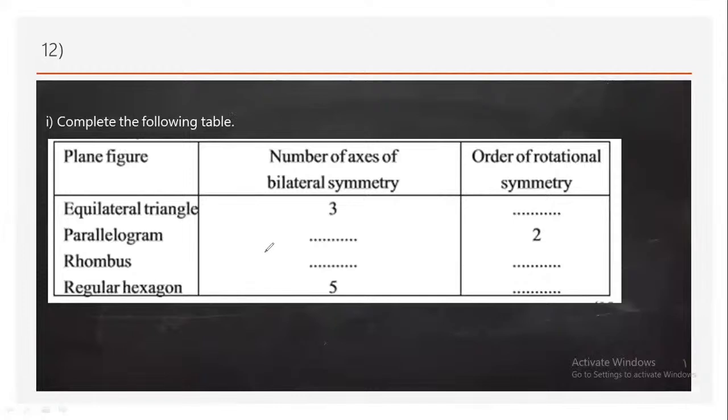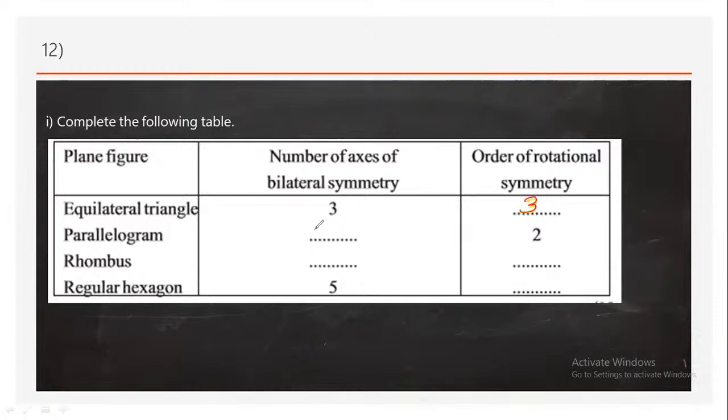You can see here, plane figure, number of axes of bilateral symmetry, order of rotational symmetry. Equilateral triangle. If you take 3, order of rotational symmetry also 3 here. And look at parallelogram.